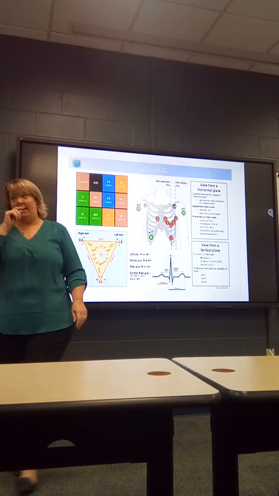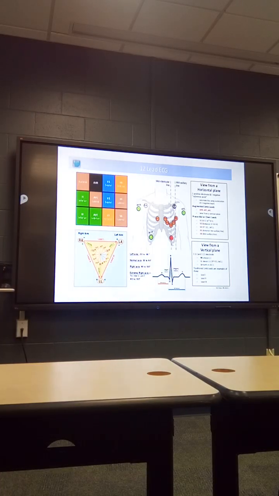I've had this question a lot, where on a strip you have a top line with a rhythm and a bottom line with a rhythm, and they look a little different. All it is, each lead is looking at the heart in a different direction.